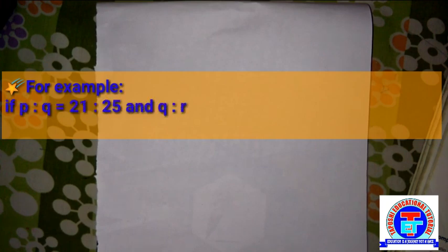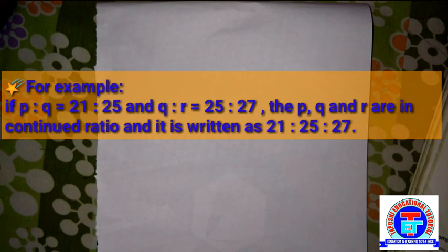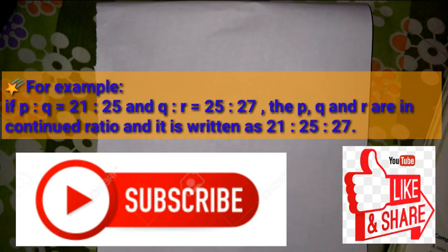For example, if P is to Q is equal to 21 is to 25 and Q is to R is equal to 25 is to 27, then P, Q and R are in continued ratio and it is written as 21 is to 25 is to 27 here. Right, student?